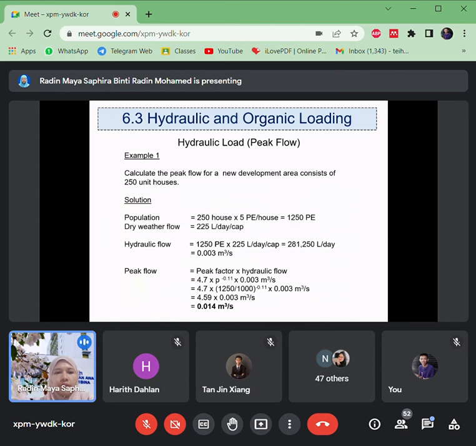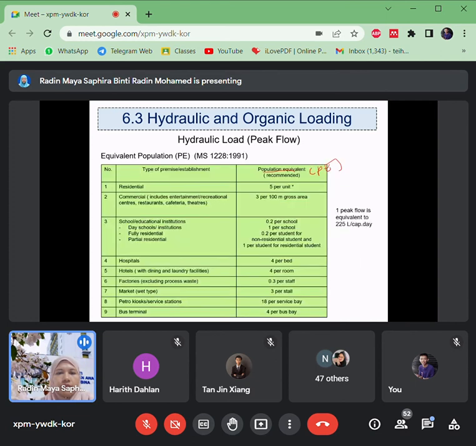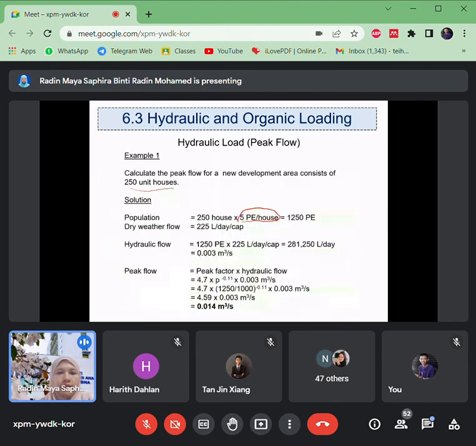For example here, calculate the peak flow for a new development area consisting of 250 unit houses. Very simple, right? 250 unit houses times 5 PE. Where do we get this? When you refer back to this table, residential is 5 per unit. So just multiply by 5. So with 250 residential houses, 5 PE per house, that is 1250 PE.